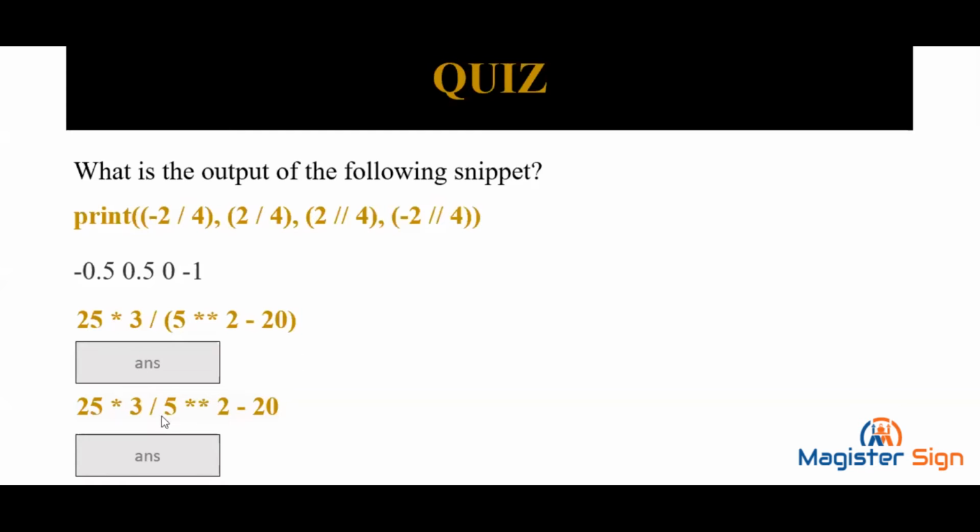Okay, so we have 5 to the power 2, and as I said, the double asterisk is basically to the power, so the answer is 15.0, because we have a single division. How about the next one? I'm sure this will be quite confusing. Let's see who can answer this first.